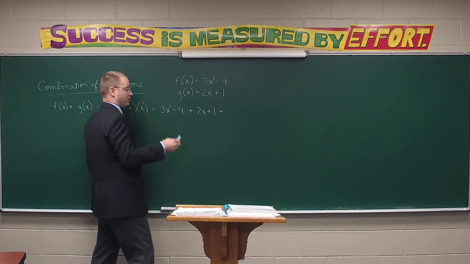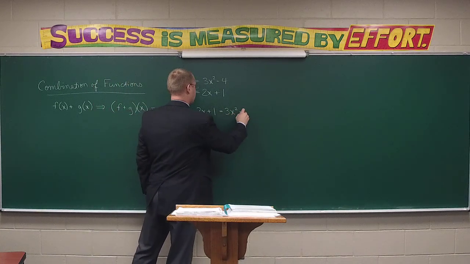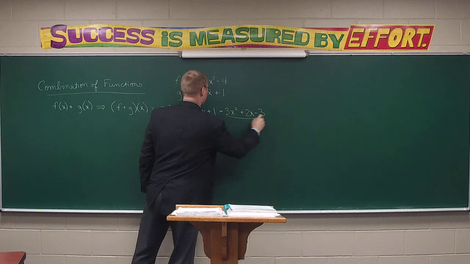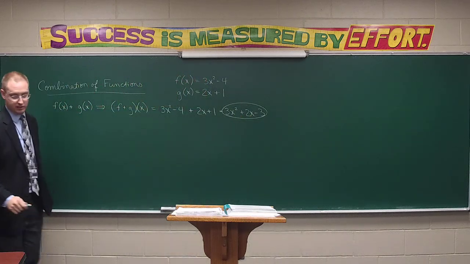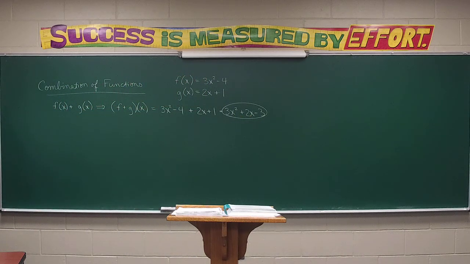Negative 3. Nothing else combines, so this is f plus g of x. Seem pretty easy? You literally just add the functions together, and you're done. So far, so good? It's a Monday, coming off a test. So far, nobody's brain equals blown.